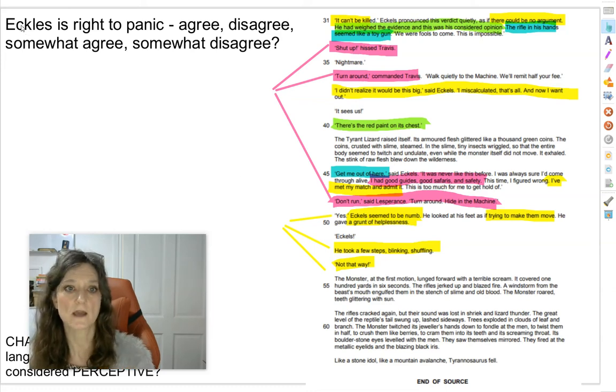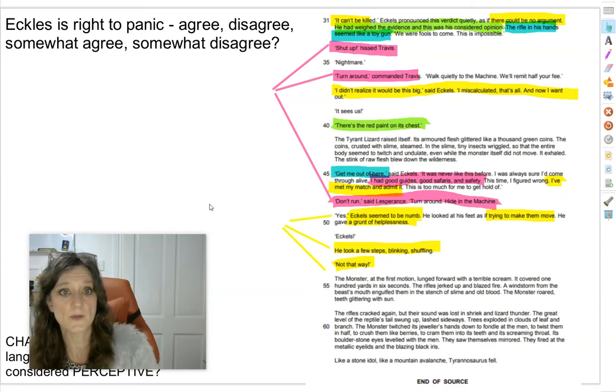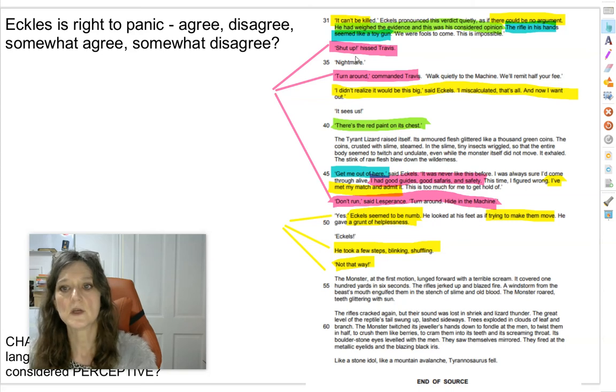They don't talk to Eccles in a nice way to try and reassure him. They don't say to him, "It's all right. We know that the T-Rex is going to die anyway, and that's why we put the red paint on its chest. Stop panicking. You're fine. Honestly, we know what we're doing." They don't say that. Instead, they insult him. Shut up, turn around, don't run.